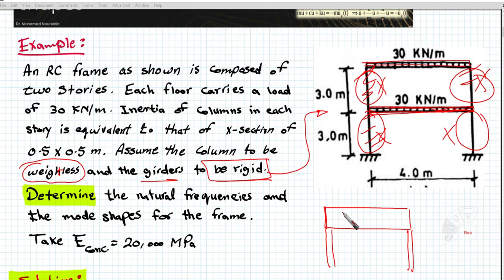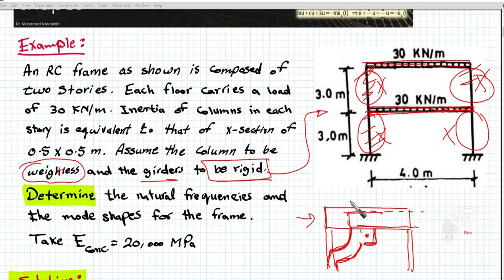This means that whenever the girder is going to move laterally, the column is going to have this shape. This means that always the angle between the horizontal girder and the vertical column, after moving laterally, is going to be 90 degrees.